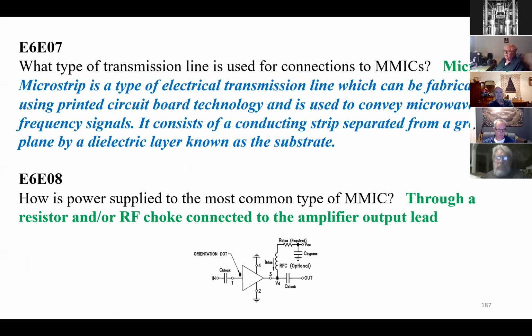All righty, number 7. What type of transmission line is used for connections to MMICs? It's going to be D, microstrip.